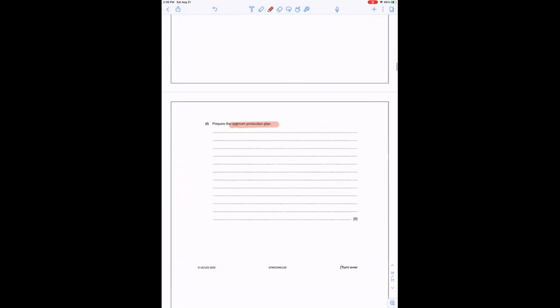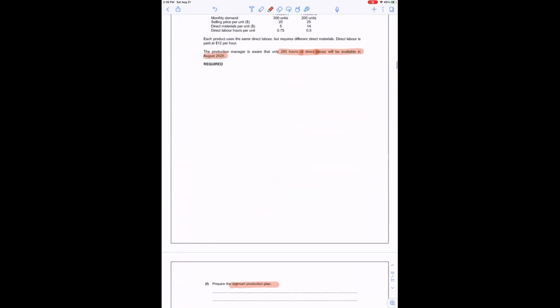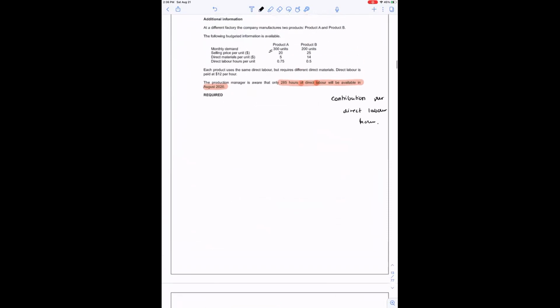So whenever you have to prepare an optimum product plan, you will calculate contribution per direct labor hour. The product giving you highest contribution per direct labor hour will be ranked first. You can produce 300 units of product A. You can produce 200 units of product B.